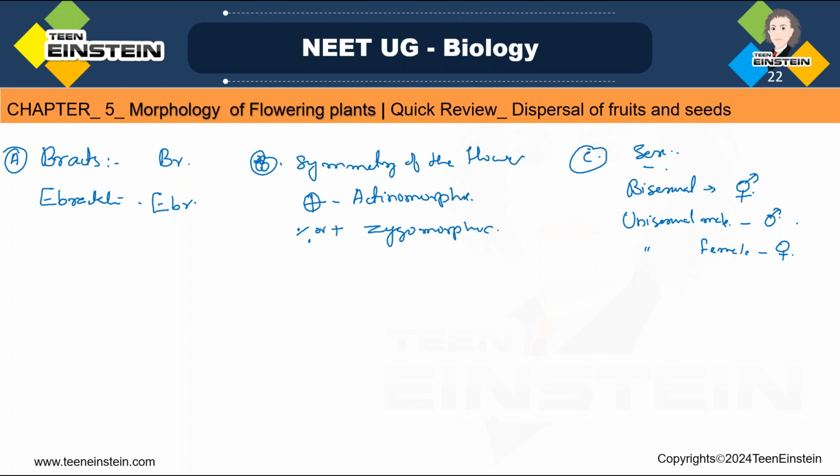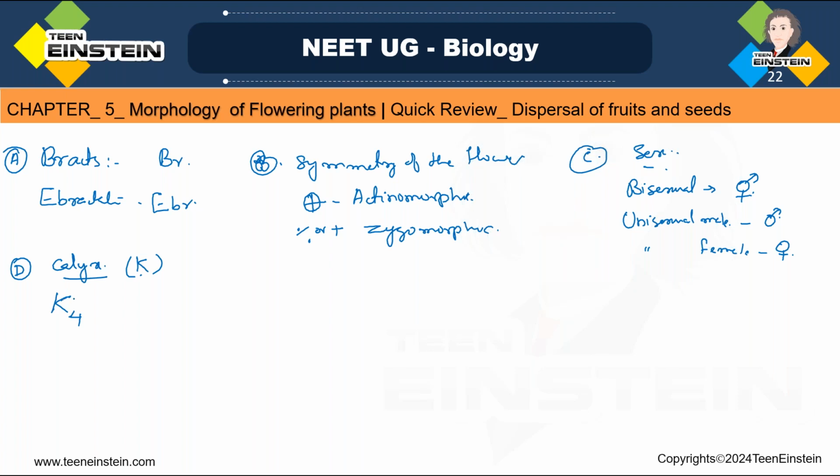Next we need to tell about the calyx. While writing about the calyx, we'll give the symbol K. If you're writing K, that means it has a calyx. If I'm writing K4, that means it has 4 sepals.